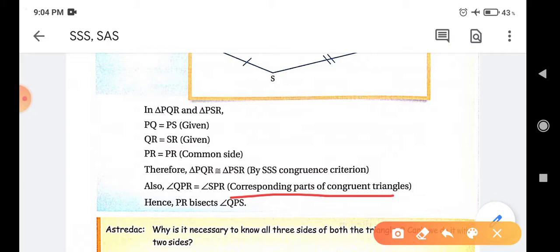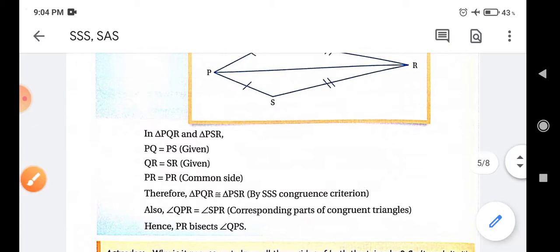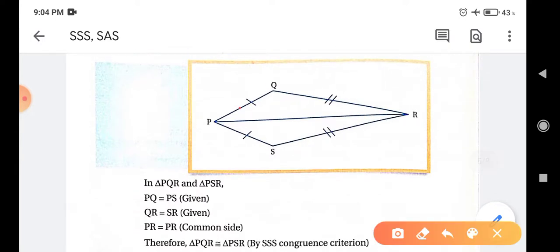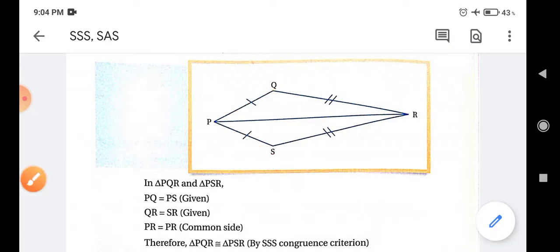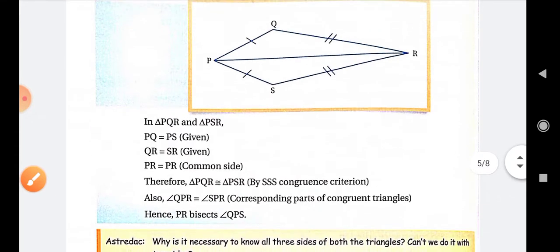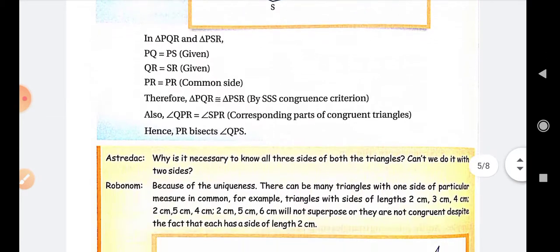If these angles are equal, then PR bisects angle QPS. So this example is done. In this way we can prove the bisect, whether any side bisects an angle or any angle bisects a side.